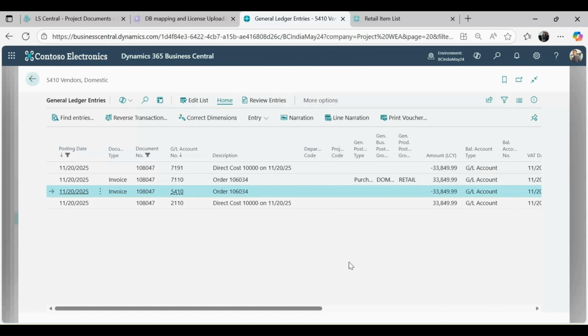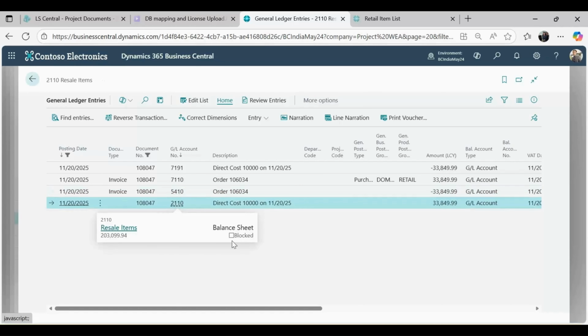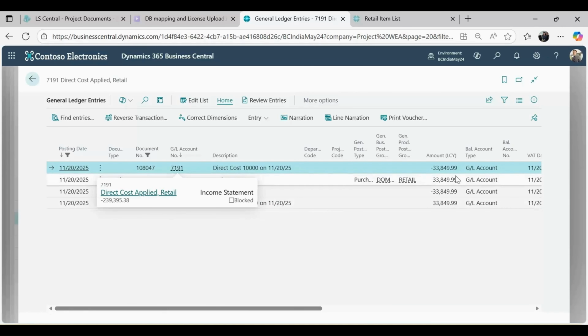Then comes the cost transfer to inventory. Immediately after the invoice posting, BC performs a second entry. This is where BC finalizes the cost into the inventory ledger. Your inventory is debited by rupees 33,849.99 and your direct cost applied account is credited by rupees 33,849.99.